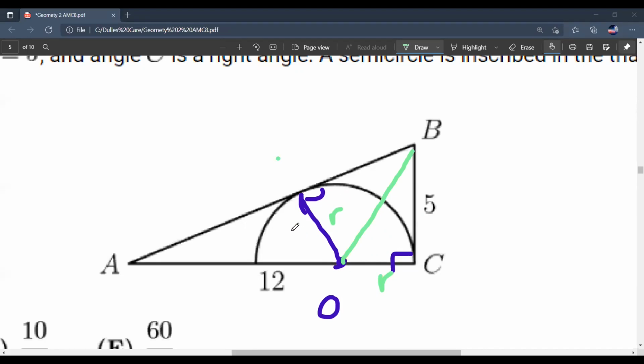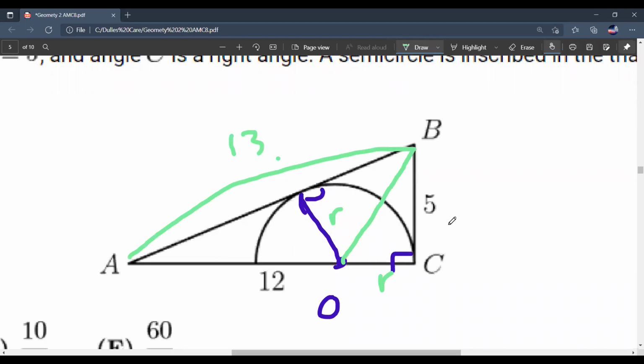The idea is that we have three triangles. This triangle that I'm highlighting with my mouse right here, we can find the base. The base is AB, that's equal to 13. We have a 5, 12 triangle, so it's 13. We know this is 90 degrees, we're given that.